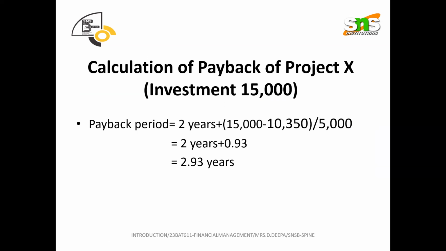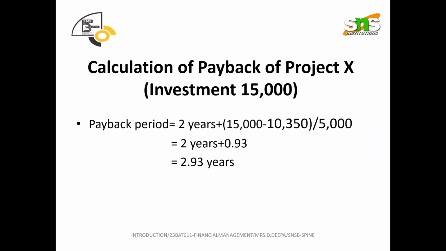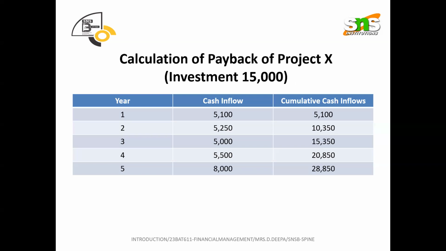So 2 years, yes, plus the investment that we need, 15,000 minus the cumulative cash inflow for the second year, 10,350. Close the bracket, divided by the next cash inflow, that is the third year cash inflow, 5,000.